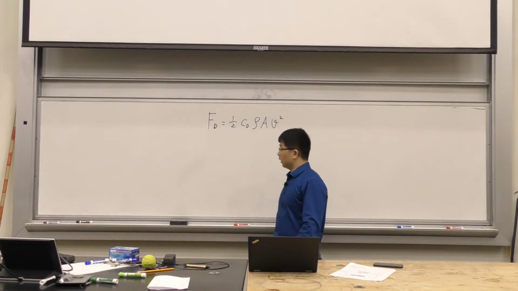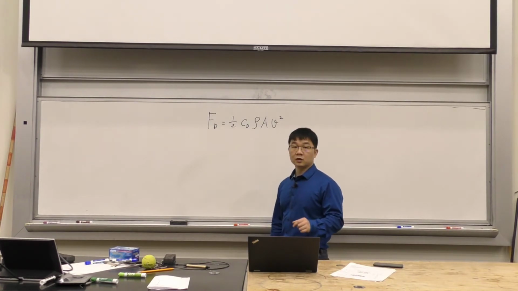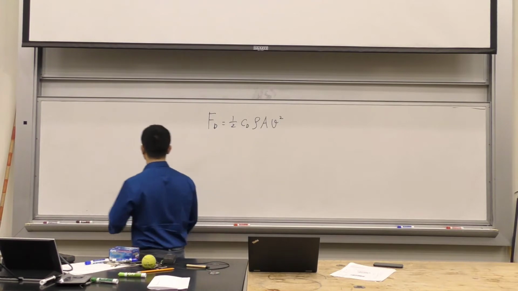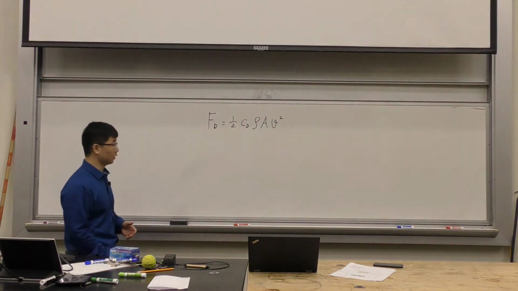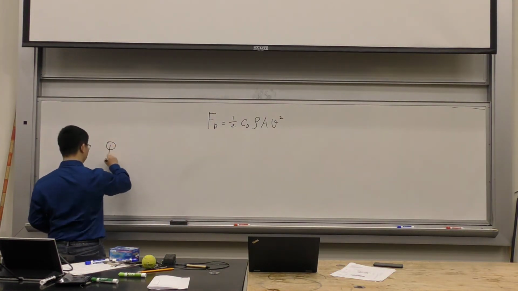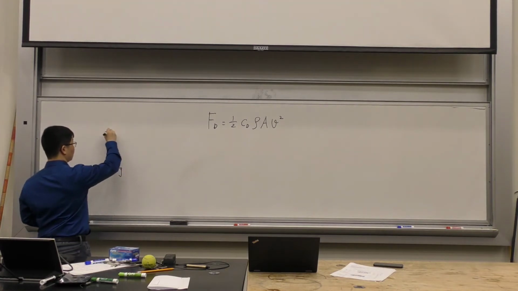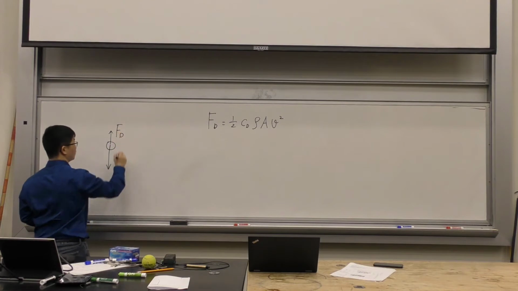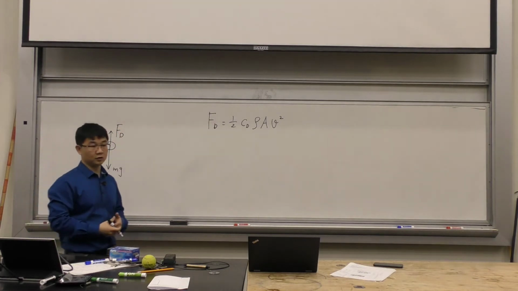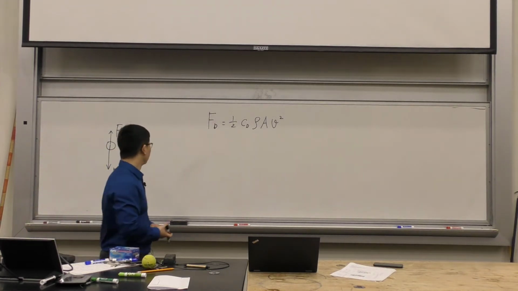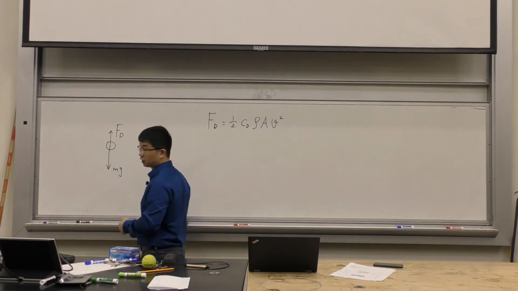Now let's see. If the air drag is on, you don't ignore the air drag. How many forces are on this baseball when it's falling? Well, you would draw gravity on it, and the air drag, which is going to be in the opposite direction. Right? The air drag is like a friction force. It's going to slow it down. Then how do you find the acceleration of this ball?